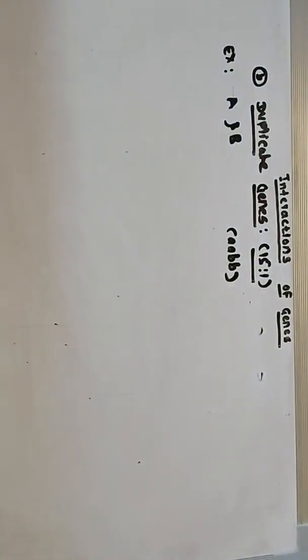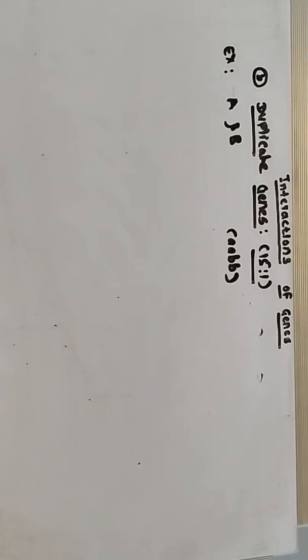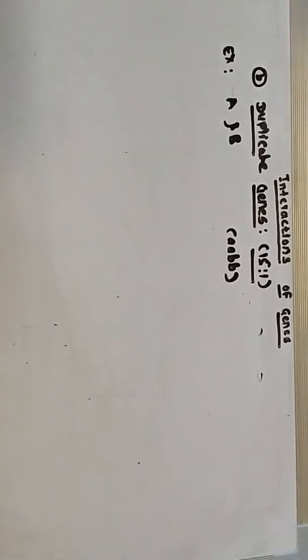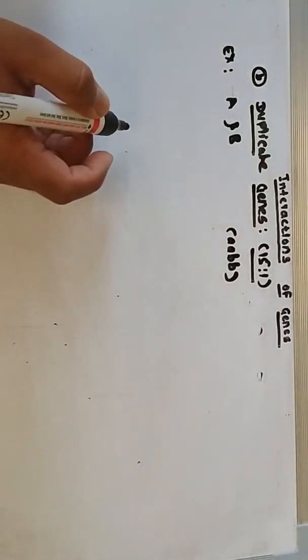So a cross between an own and an ownless strain produces own plants in F1. Right here, these are the parents.